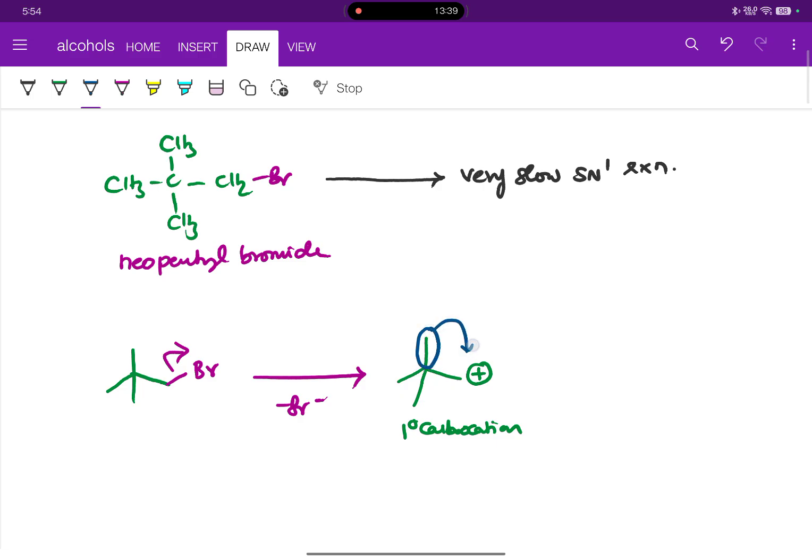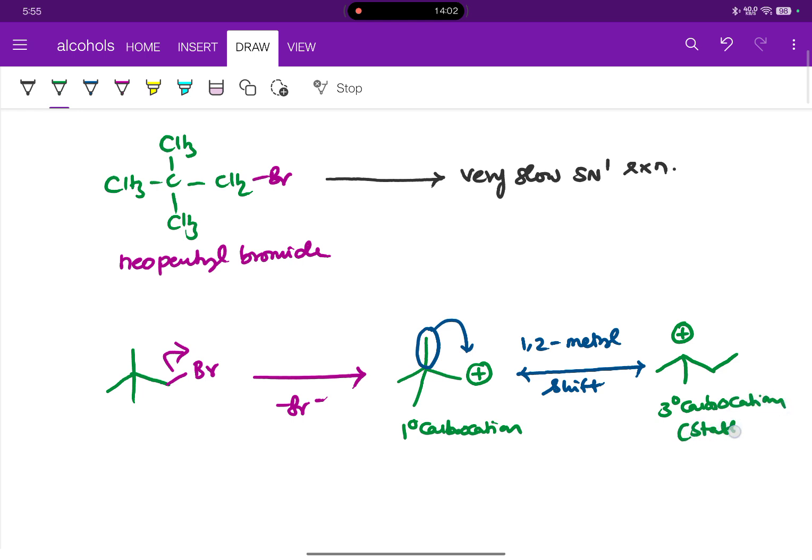The methyl from here will get shifted. This is called a 1,2 methyl shift. Now what happens to the carbocation? It becomes a tertiary carbocation, which is stable.